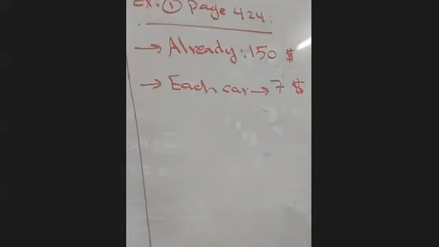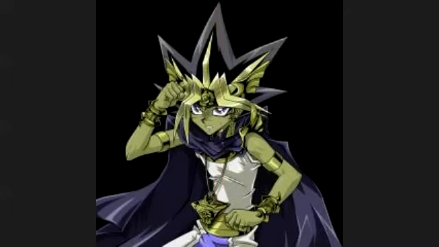What does the question want? Read what the question wants. Represent the relationship between the number of cars washed, C, and the total earnings, T, with an equation, a table, and a graph. Good.